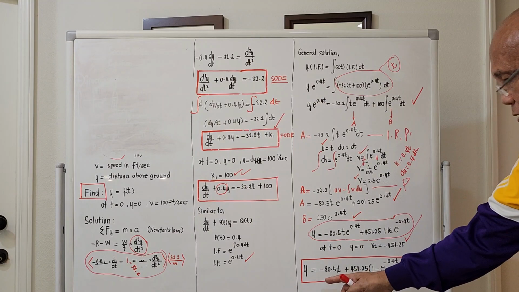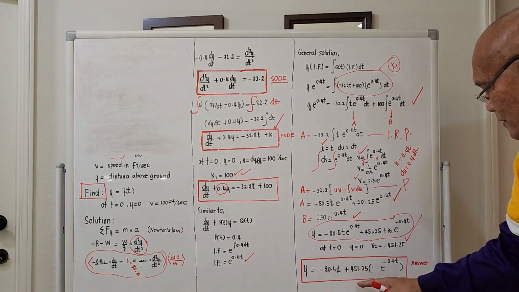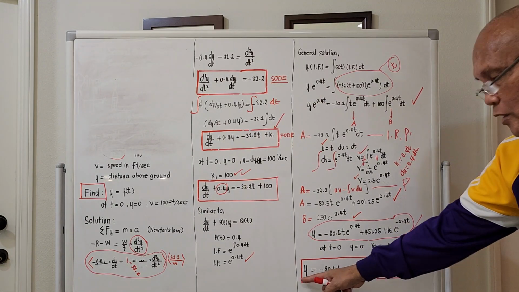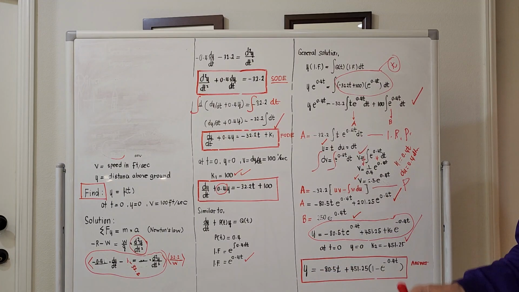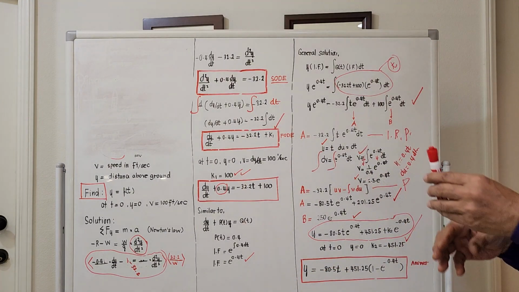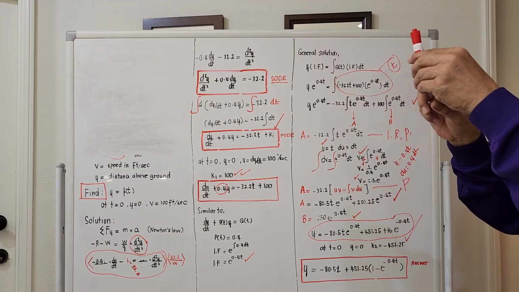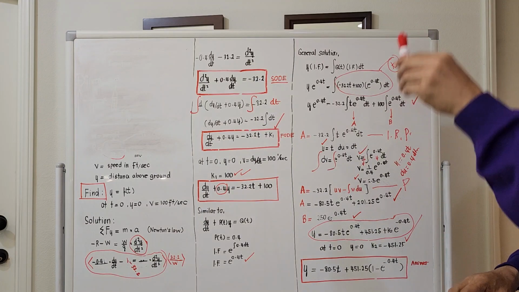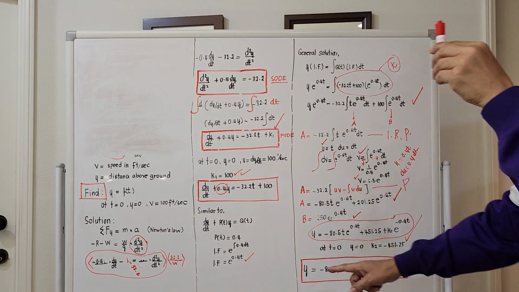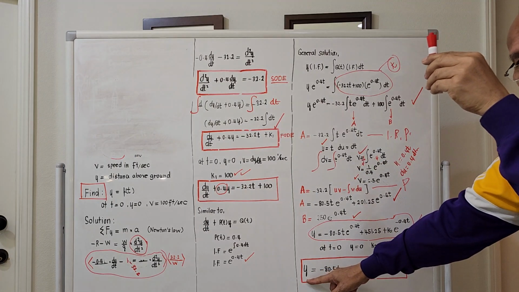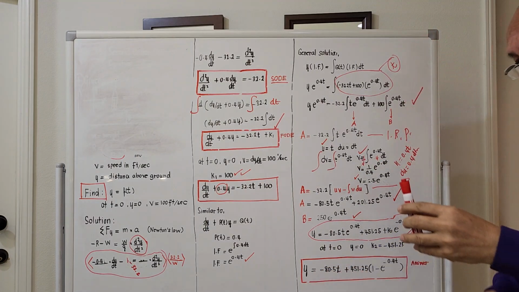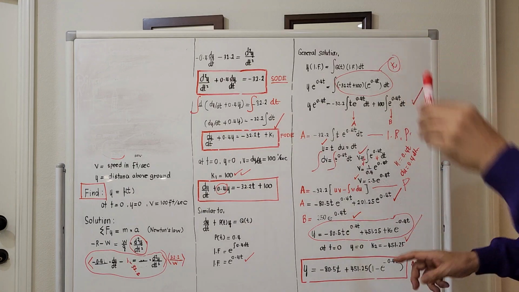So this is now y as a function of time. And what will be the significance of this? Meaning at any moment in time, if you want to find the height, you could find the height. If you say after 1 hour, you could compute for the height. If you specify the height also, you could compute for the time.